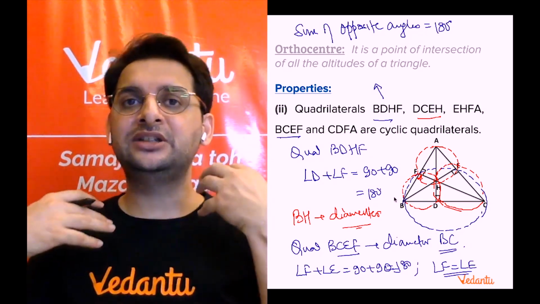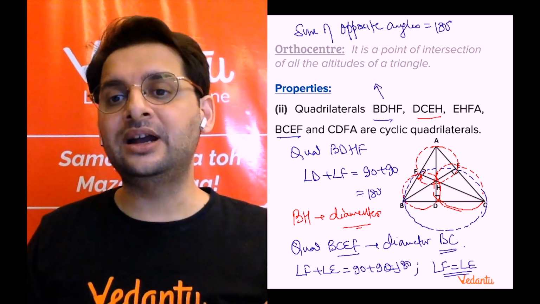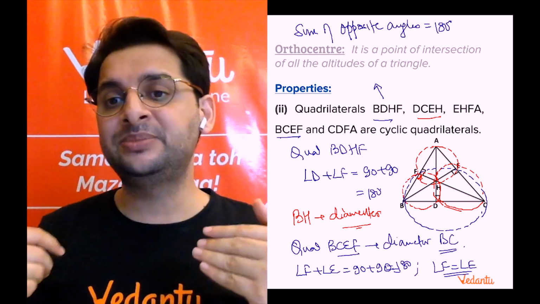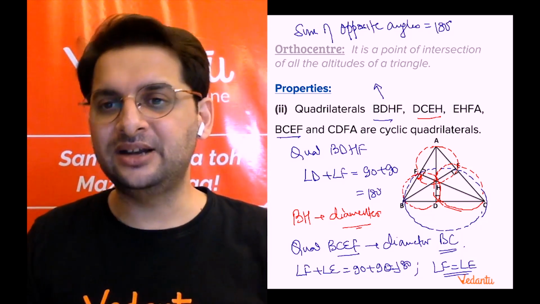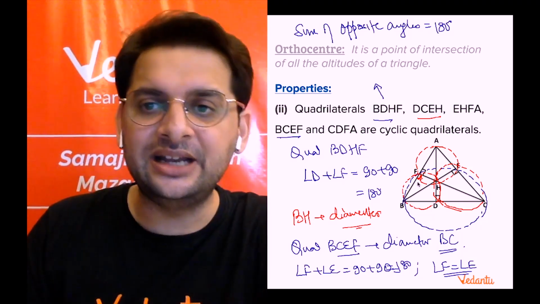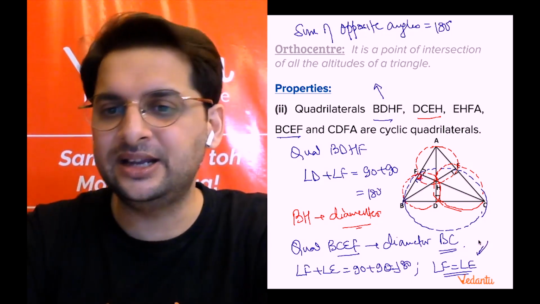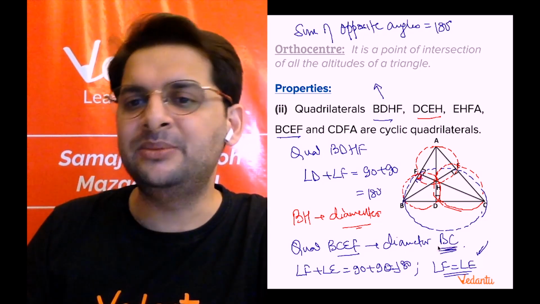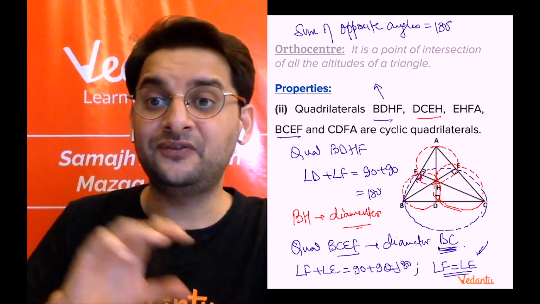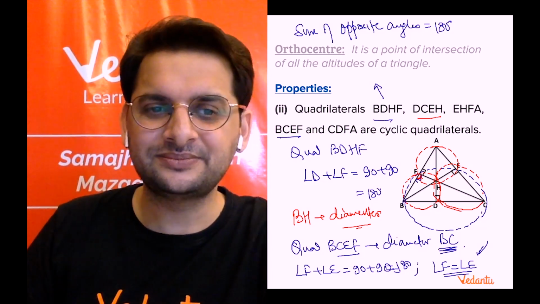So this is again one of the ways to prove that a quadrilateral is cyclic: if a chord subtends the same angle at any 2 points, the quadrilateral will be cyclic. So BC is subtending 90 degrees at E and F, so obviously the quadrilateral is cyclic in nature. And obviously, since this angle is 90 degrees, the diameter will be BC. Right. So we found one more cyclic quadrilateral in this small diagram.